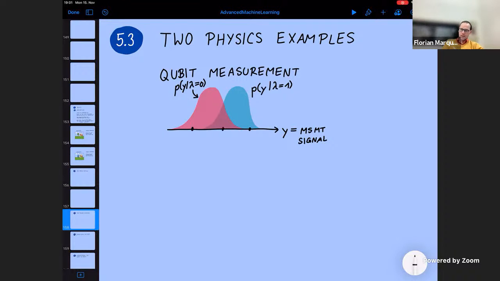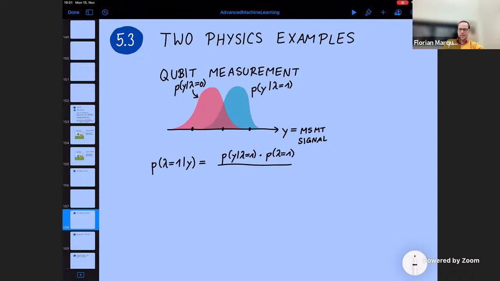And so if I now apply Bayes, I would say the updated probability of my qubit being in state 1, given I have already measured, is, well, I turn it around, y given lambda equals 1 times the prior probability of lambda being 1 divided by the normalization. And now let me just write down the normalization explicitly.